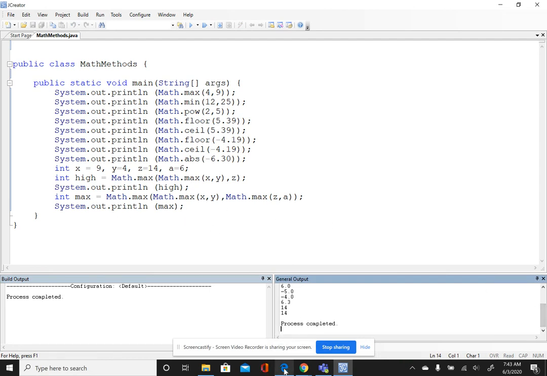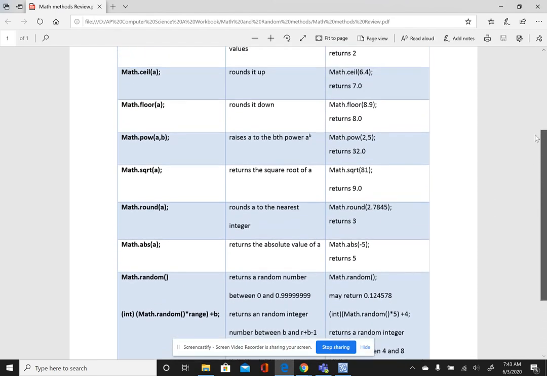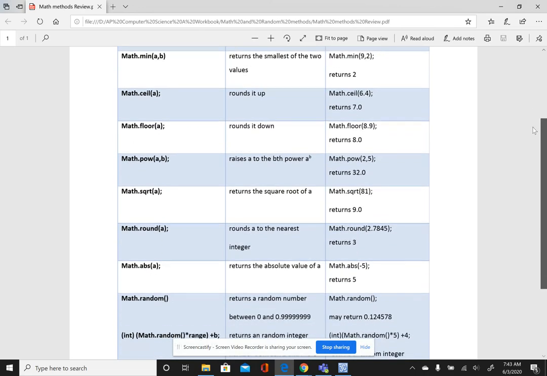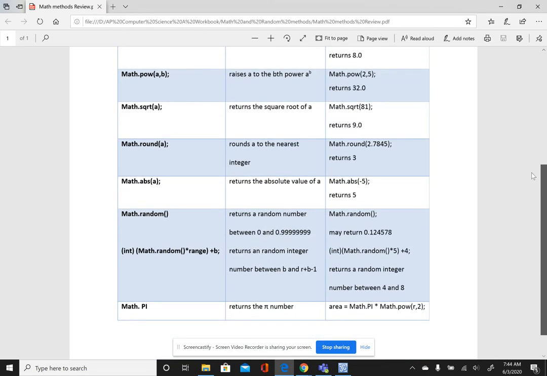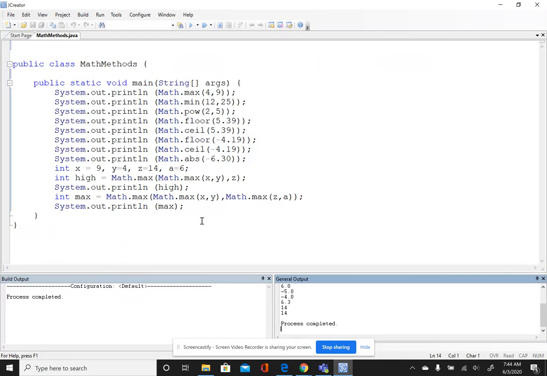Now let's see what else we did not cover. We talked about max, min, ceil, floor, pow, square roots, and round. For round, it's just like when you round a number in math.